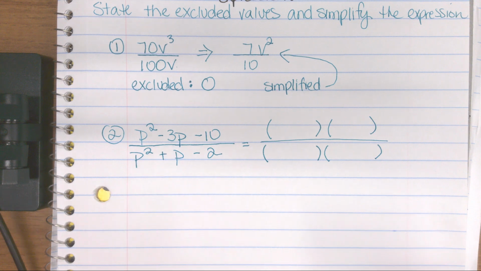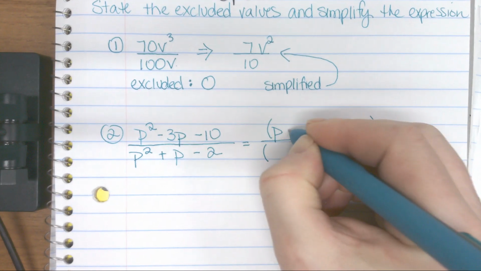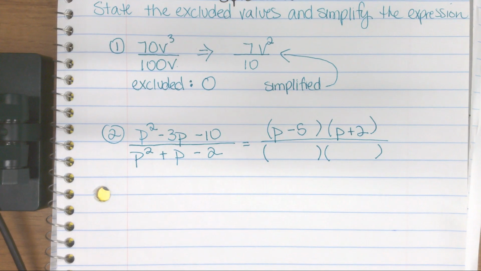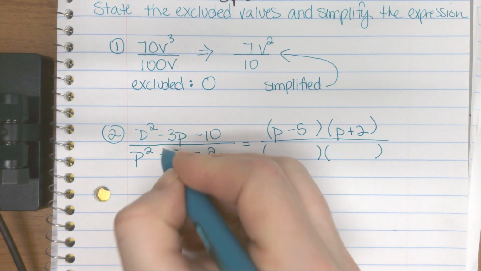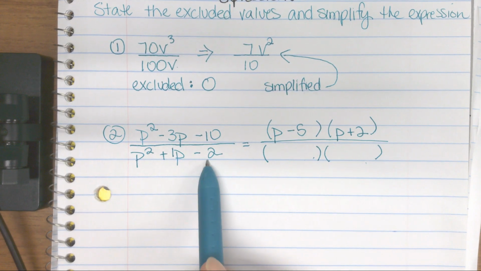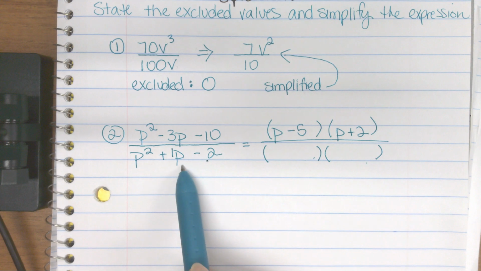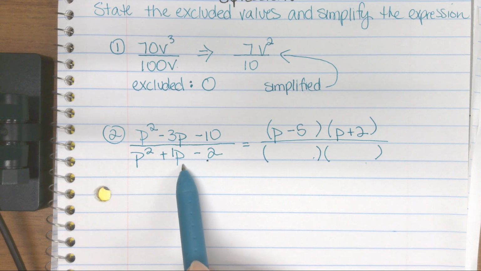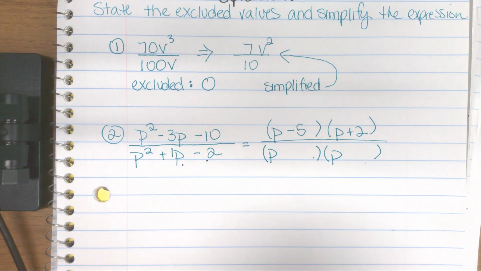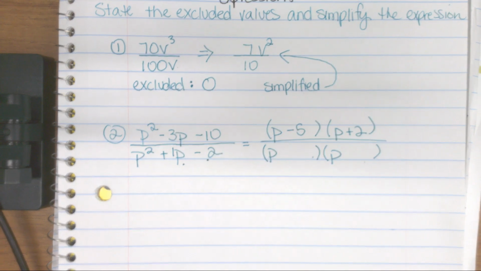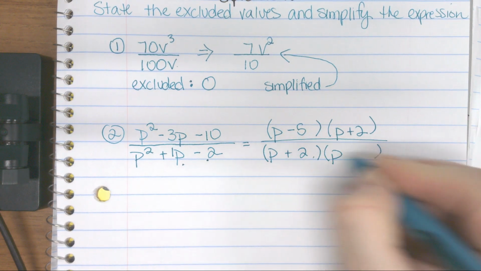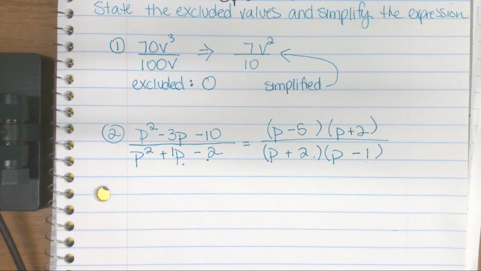Good, so p minus 5, p plus 2. On the denominator, we are looking for our lasts to multiply to be negative 2, and the outers and inners add up to 1. Very nice, thank you. P plus 2, p minus 1.